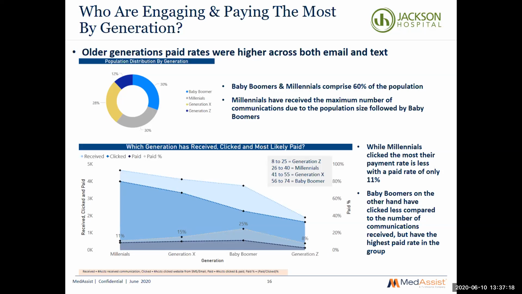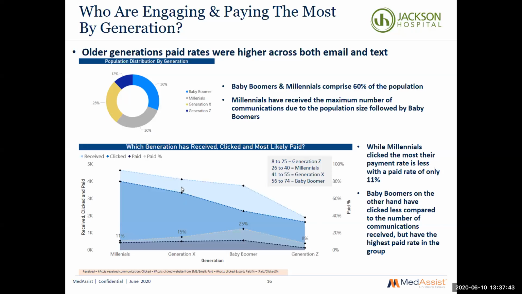Millennials have received the most messages and have the highest click-through rate. But interestingly, they have the second lowest payment rate. While boomers click through at a significantly lower rate, they paid at twice the rate, the highest payment rate of any age group. And you can see across the bottom how Generation X and Z's reacted.